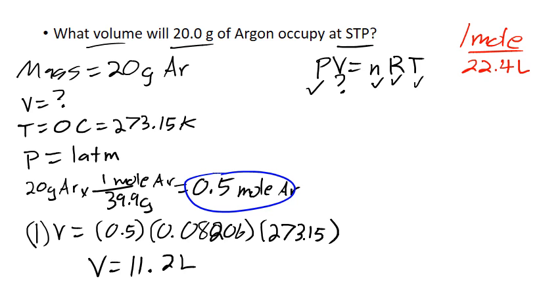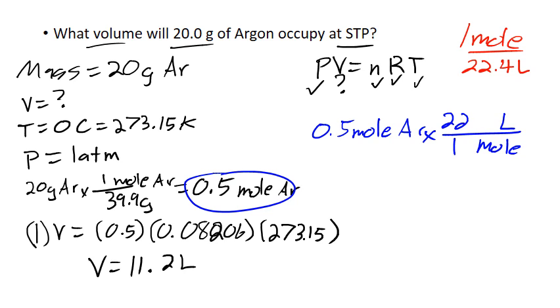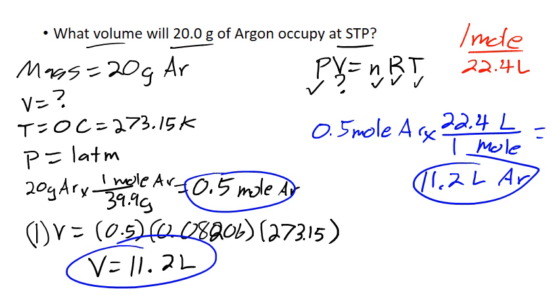When we calculate about 1/2 mole of argon, and you want to get rid of the moles, for every 1 mole you have 22.4 liters. So 1/2 of 22.4 is 11.2 liters of argon. You can see it's the same as the answer we just calculated using the ideal gas law.